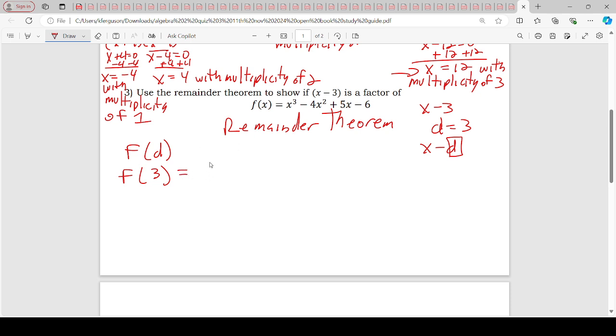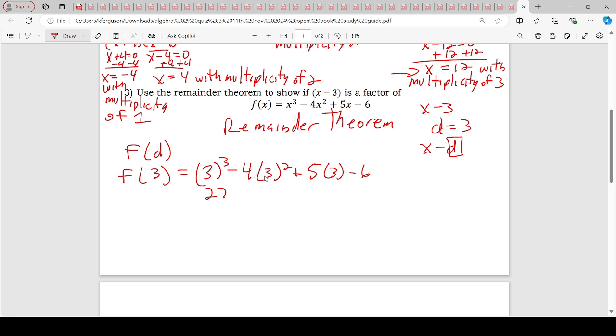So that's going to be 3 to the third power minus 4 times 3 to the second power plus 5 times 3 minus 6. 3 to the third power is what? It's 27. Minus 4. Well, first off, what's 3 to the second power? 9. So I've got minus 4 times 9.